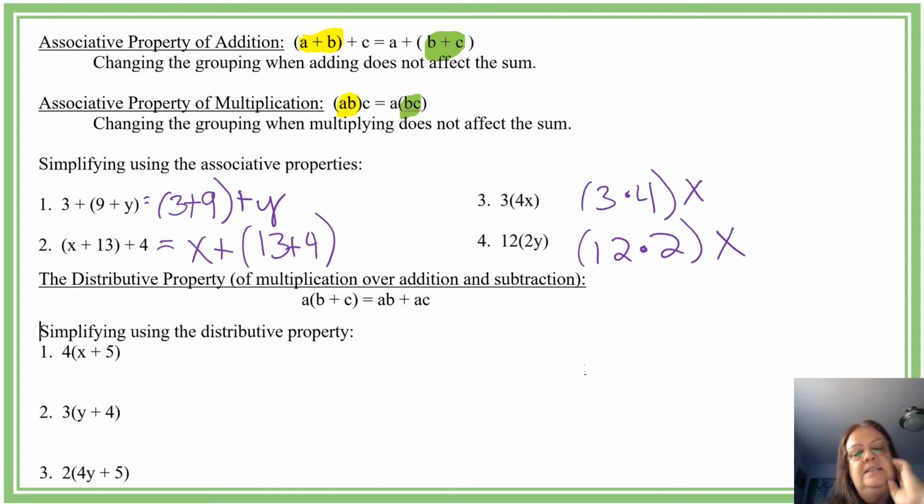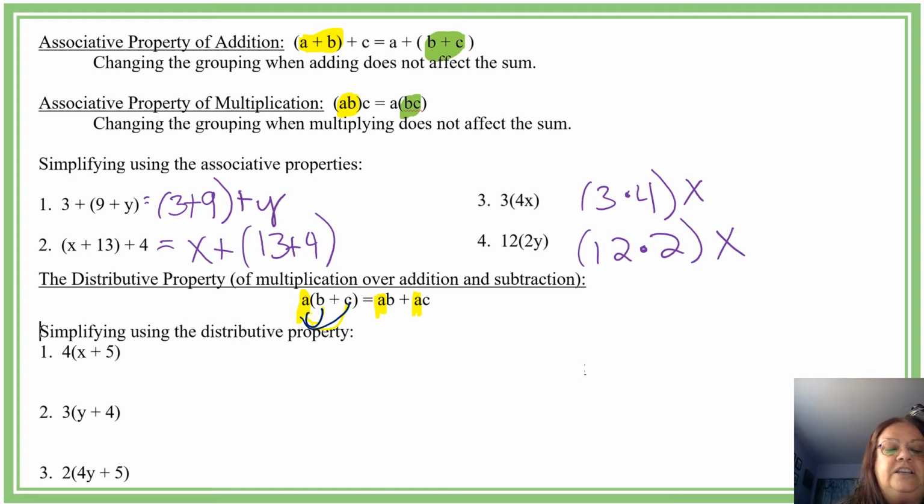So you can see in the example here, the A gets distributed to both the B and the C. So the A goes to the B, and to the C. And we have that. So that's going to make a difference. So I can get rid of parentheses that way.